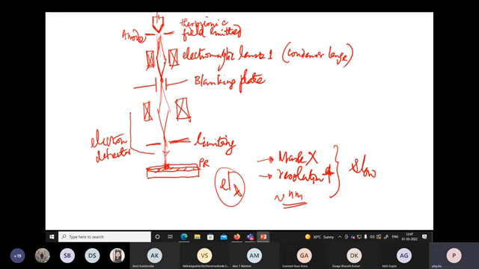All you are doing is switching on your UV light, and that UV light will go through the transparent portion of the masking layer and interact with the photoresist.